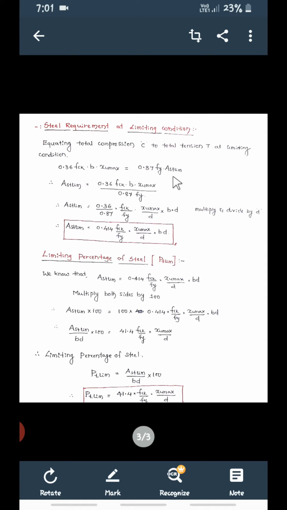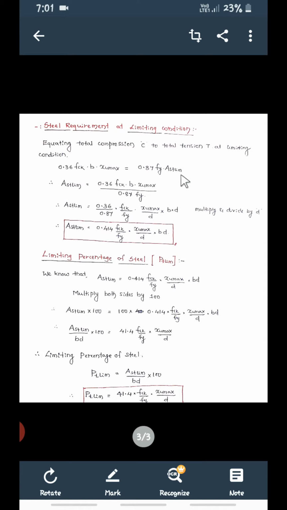We want the area of steel, Ast limit, that is, at the limiting condition what will be the area of steel. So Ast limit is equal to this term divided by 0.87 fy. Just rearrange the terms: Ast limit is equal to 0.36 divided by 0.87, fck divided by fy, then Xu max upon d. Now here you can multiply and divide by d.